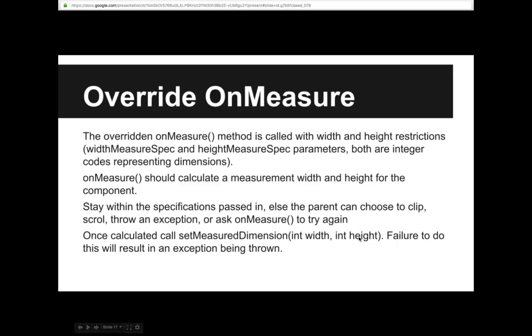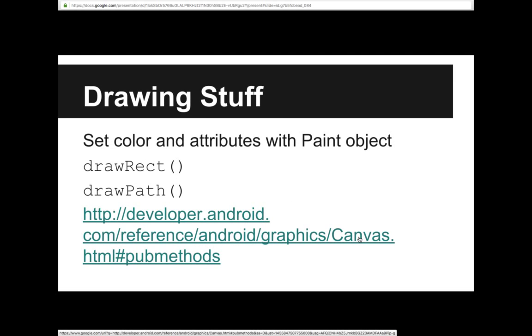If you don't do that, then an exception's thrown. So just to put that out there, you do have to call setMeasuredDimension, because you might try to follow some tutorial online and realize, why is my application crashing? It's because you haven't set the measured dimensions of your view. But that's just there in case you do want to implement that. All right, so how do we actually draw stuff on the screen?